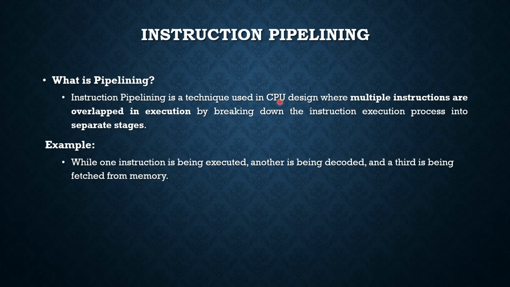Like we know, when we are executing a particular instruction, what are the major steps involved? We fetch the data, then decode, then execute. So the first step is fetching, the second step is decoding, the third step is execution. Once the data is fetched, the next step is decoding, and after decoding, it will be executed.